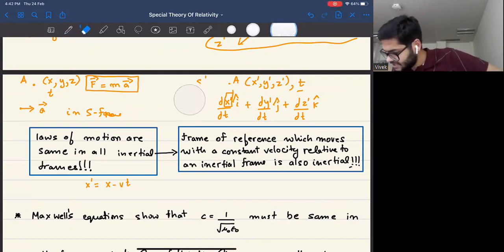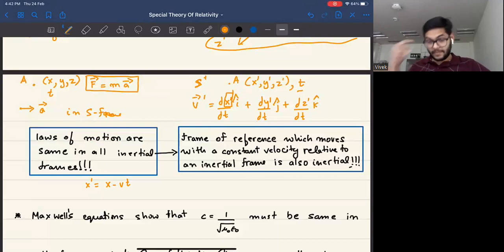Oh, I've made a mistake over here. This should not be acceleration. This is actually velocity in this frame. So in this frame, let us call the velocity u prime.